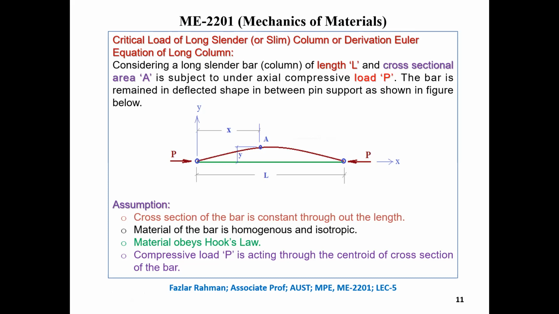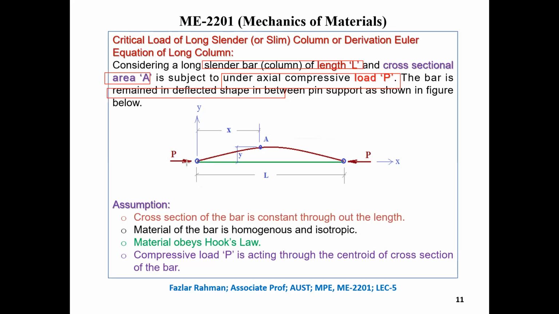At first we are considering a long or slender column of length L, cross-sectional area A. I think we already discussed this, but I am repeating it. It is subject to axial compressive load P. The bar remains in a deflected shape between the pins.